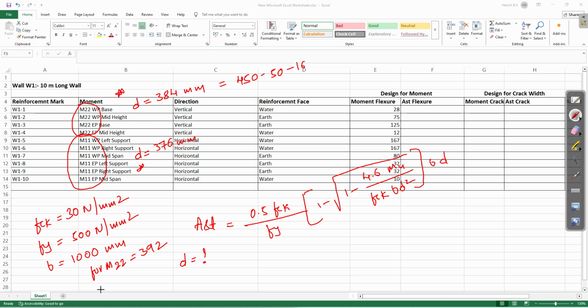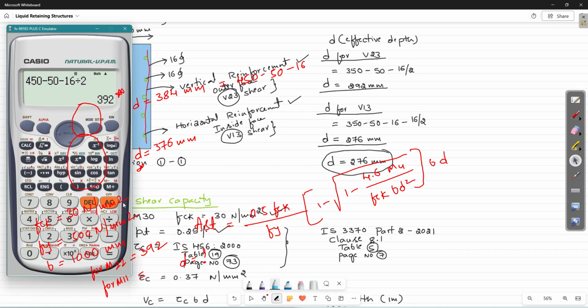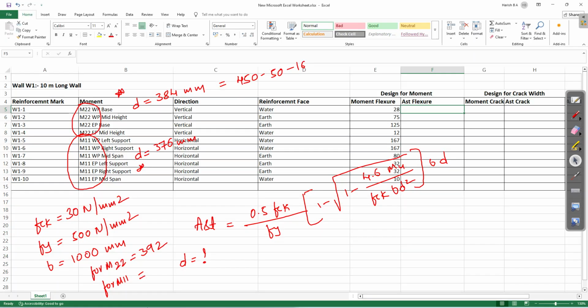Next, for M11, you have to take the inner layer. So it will be 450 minus 50 minus 16 minus 16 by 2. It is 376.